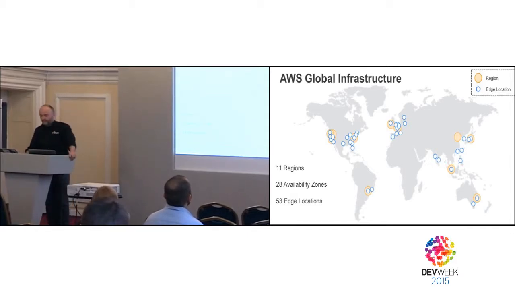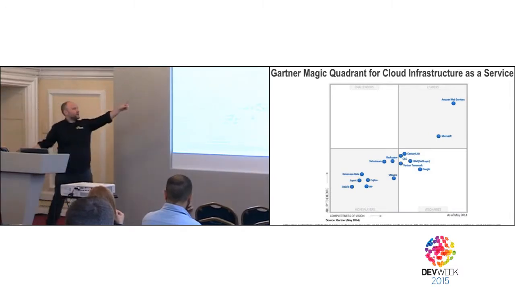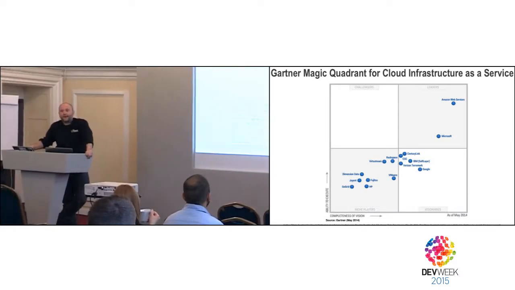I don't know if you've heard of Gartner. They do what's a magic quadrant. So they're independent analysts. They look at the market, and they did a magic quadrant based on cloud infrastructure as a service. This is the current one. It shows Amazon Web Services, as you can see in the top right corner.